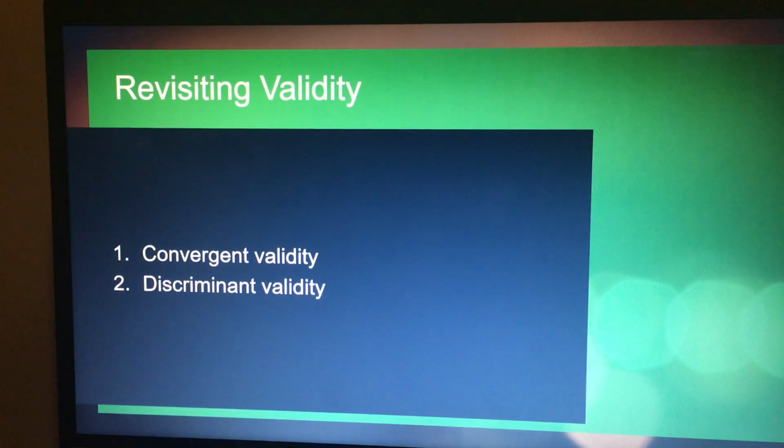Discriminant validity, on the other hand, is demonstrated when a test does not correlate highly with measures of different constructs. So for instance, if the new anxiety test does not correlate strongly with tests measuring unrelated constructs like depression or self-esteem, it would suggest that the anxiety test is specifically measuring anxiety and not other psychological traits.